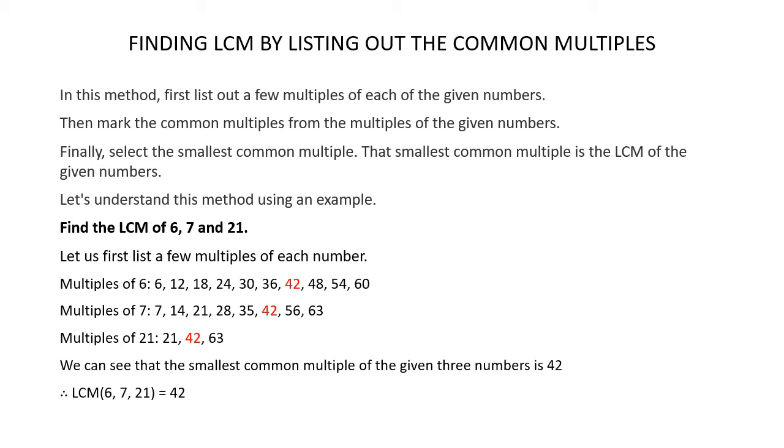Multiples of 21 are 21, 42, 63 and so on. You'll find that 42 is the smallest common multiple of the numbers 6, 7 and 21. There may be other common multiples of 6, 7 and 21, but 42 is the smallest. So the LCM of 6, 7 and 21 is 42.